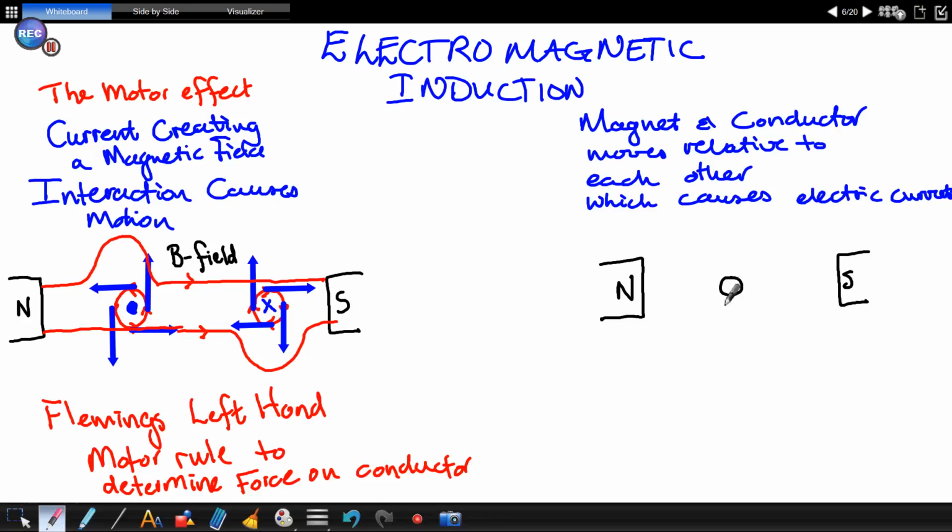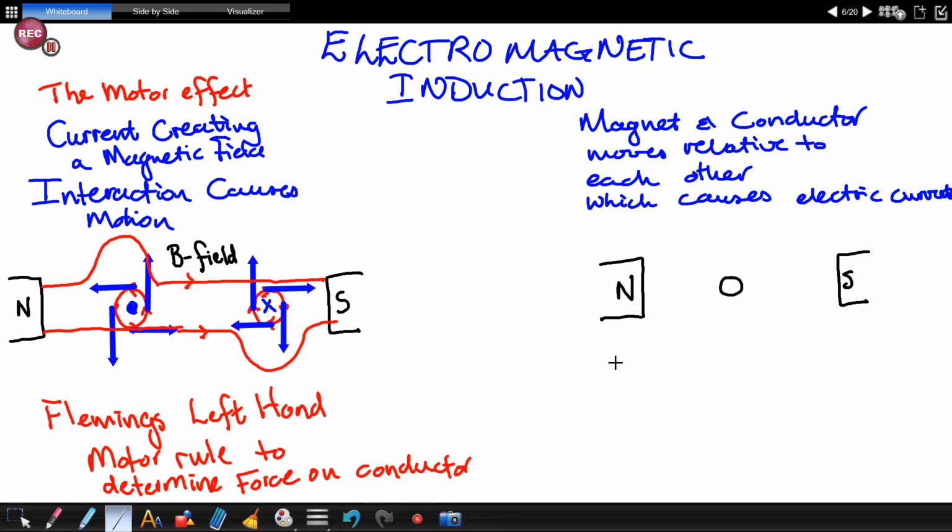In which direction do you want to move the conductor? It's a conductor. I'm drawing an open circle because there's no current flowing through it. But I want to move it in a magnetic field. It's called electromagnetic induction. You are inducing a current here, mutual induction.